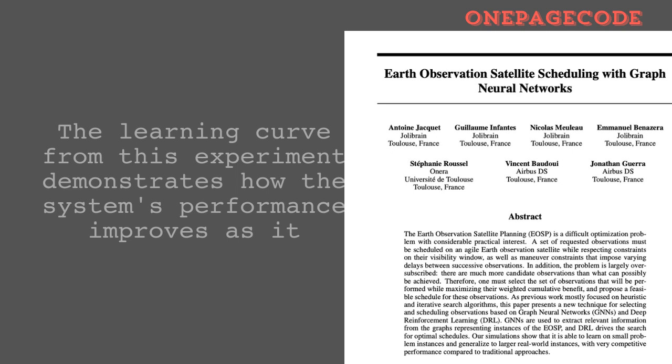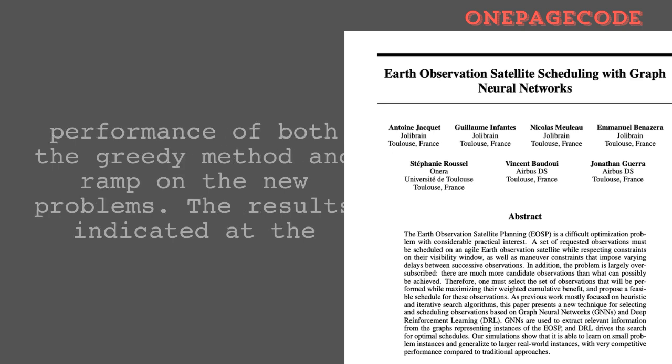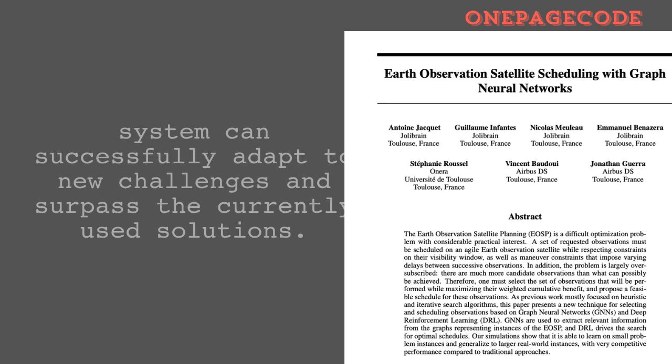The learning curve from this experiment demonstrates how the system's performance improves as it learns. Additionally, the research checked how often the system outperformed or matched the performance of both the greedy method and ramp on the new problems. The results indicated that the system can successfully adapt to new challenges and surpass the currently used solutions.